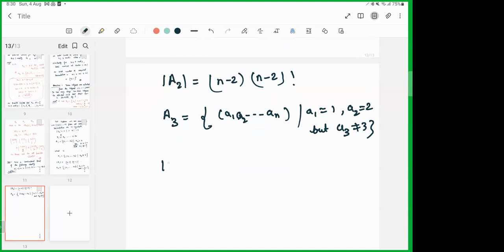So how many such sets? So A1, A2 is fixed, and A3 is n minus 3, and then so on, n minus 3 factorial. Yes. So in general, what is the cardinality of Ak? Can you now guess?